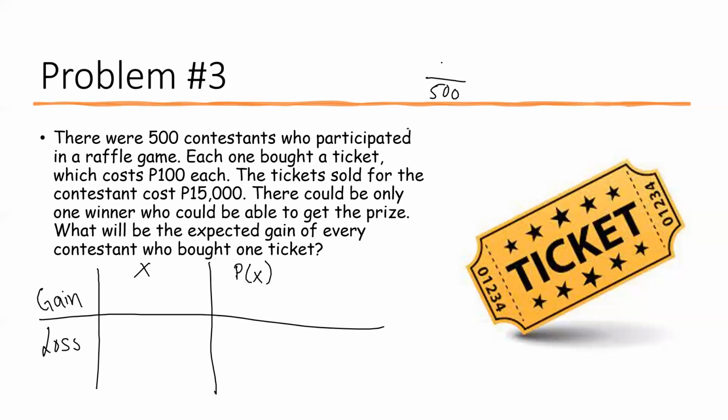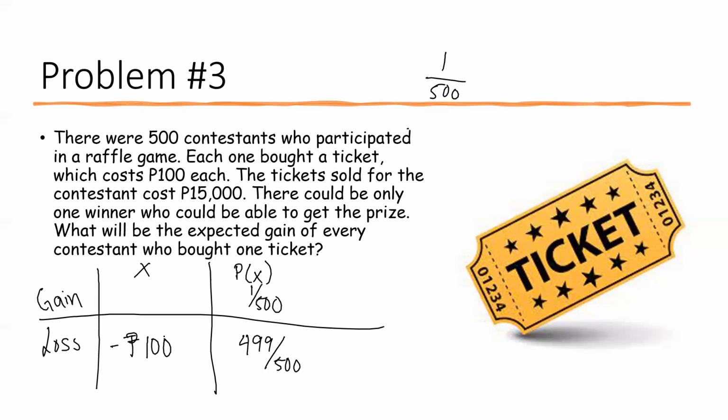Since as it is mentioned that there could be only one winner, okay, so 1 over 500 yung gain natin. While for the losers naman, it will become 499 over 500. Ibig sabihin yung 499 na contestants, wala silang mapapanalunan. Kung hindi, mauubusan sila ng 100 pesos kasi yan ang binayad nila. So that is the amount they had paid for their ticket.